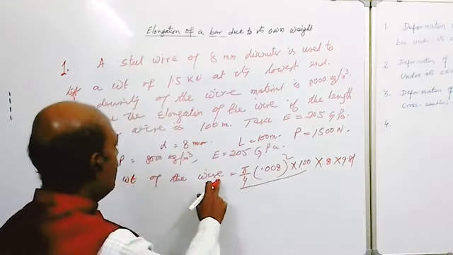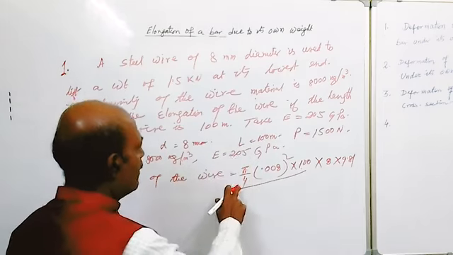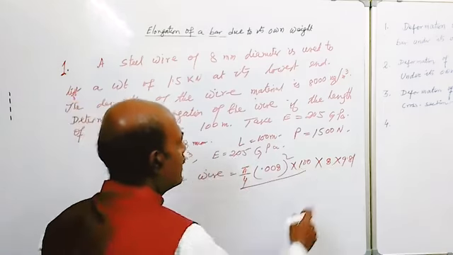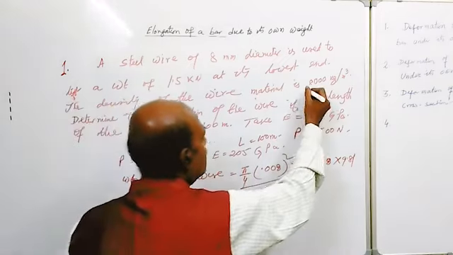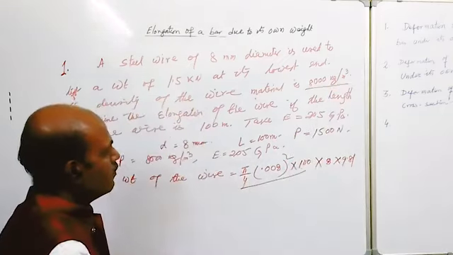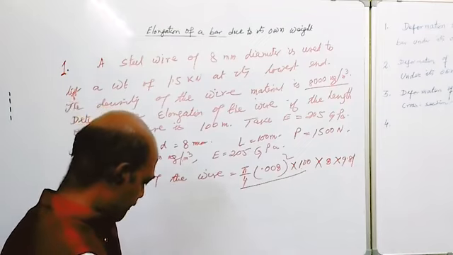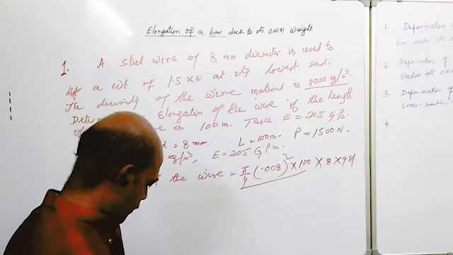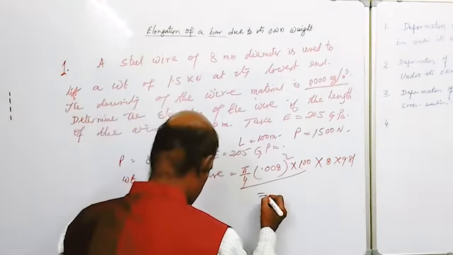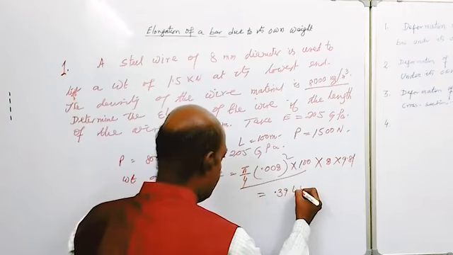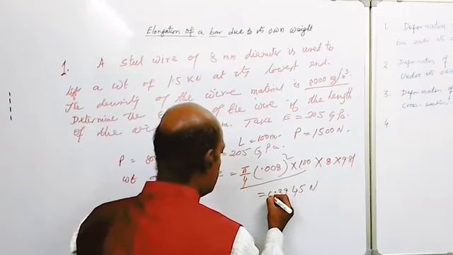So the total weight of the wire is given by pi by 4 d square into L into the specific weight, that information is given as 8000 kg per meter cube. From here we can find 8 into 9.81. So it gives 0.3945 Newton.